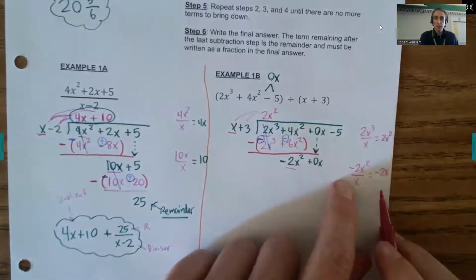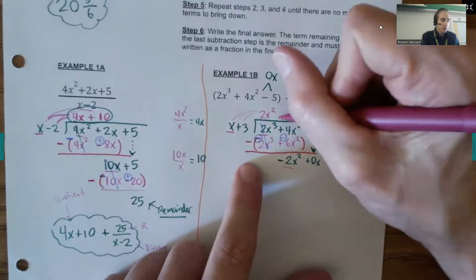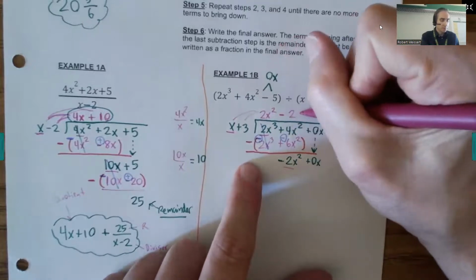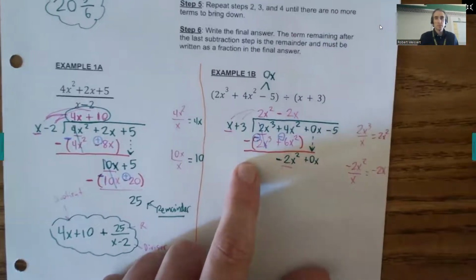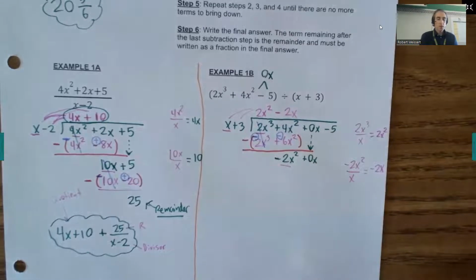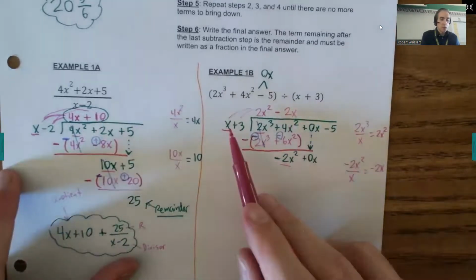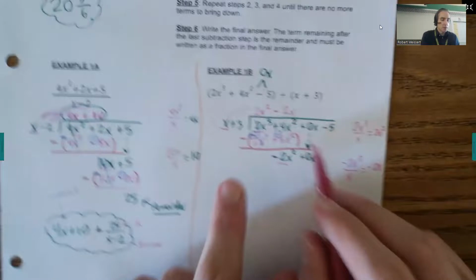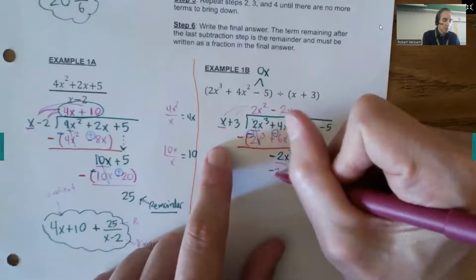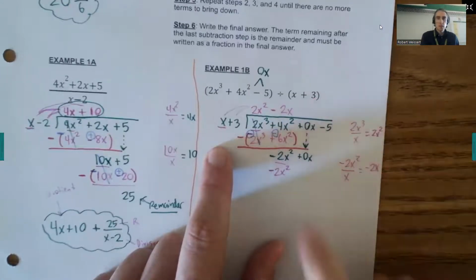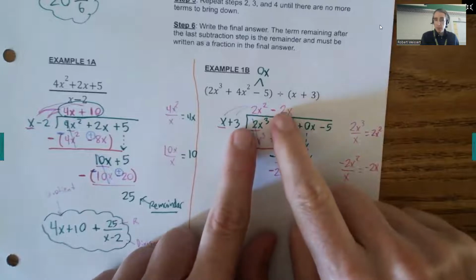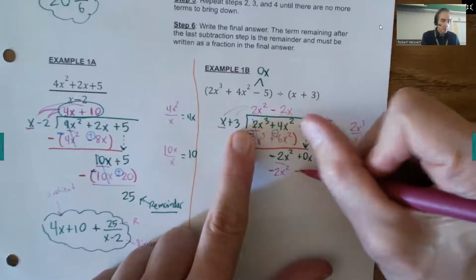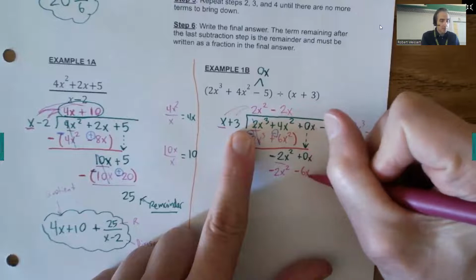So the negative will stay negative. That'll go up here. And distribute. So negative 2x times x is negative 2x squared. Negative 2x times 3, negative 6x.